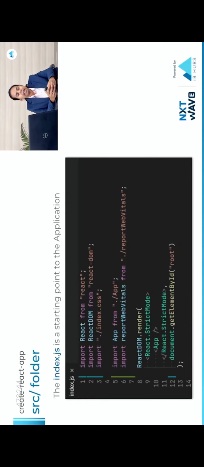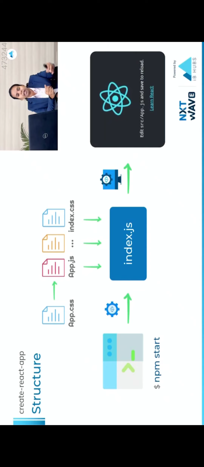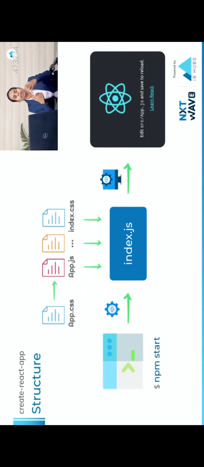Okay. So in the SRC folder, there is a file called index.js. This index.js is actually the starting point of the application. So when you run npm start command, the index.js file will run. In the index.js file, various other modules will get imported, like app.js and index.css.